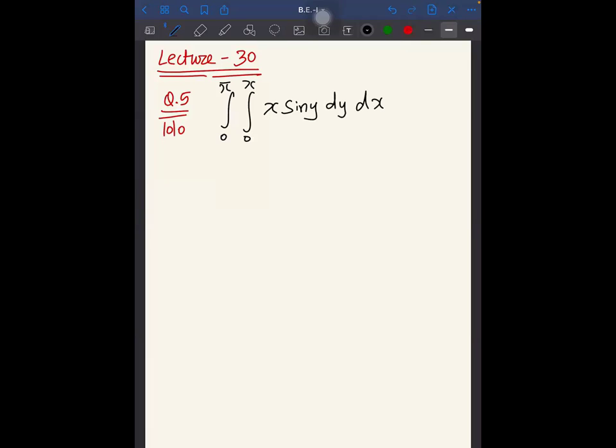As I told you, if there is dy over here, that means these are the limits of y, and if it is dx over here, that means these are the limits of x. If you have some kind of confusion, then mark it in this way.